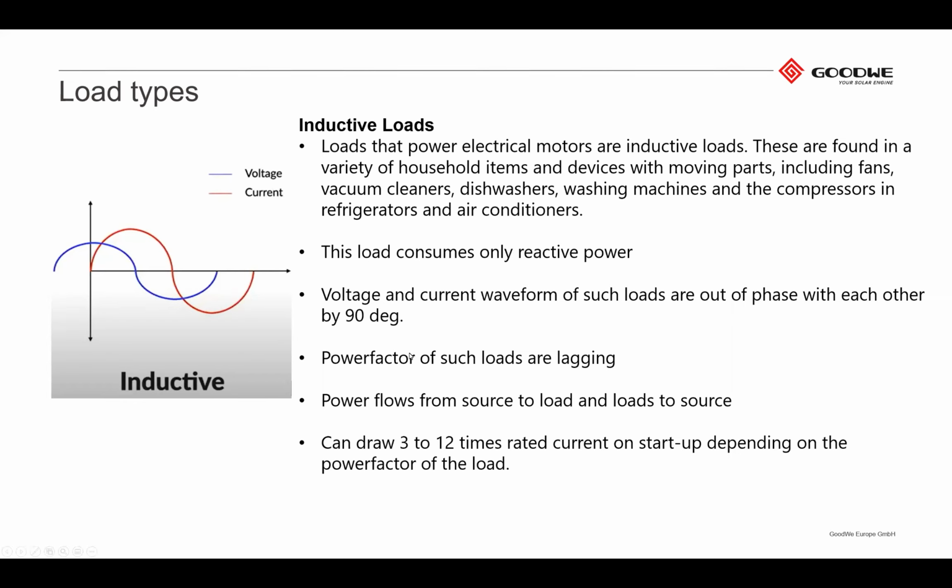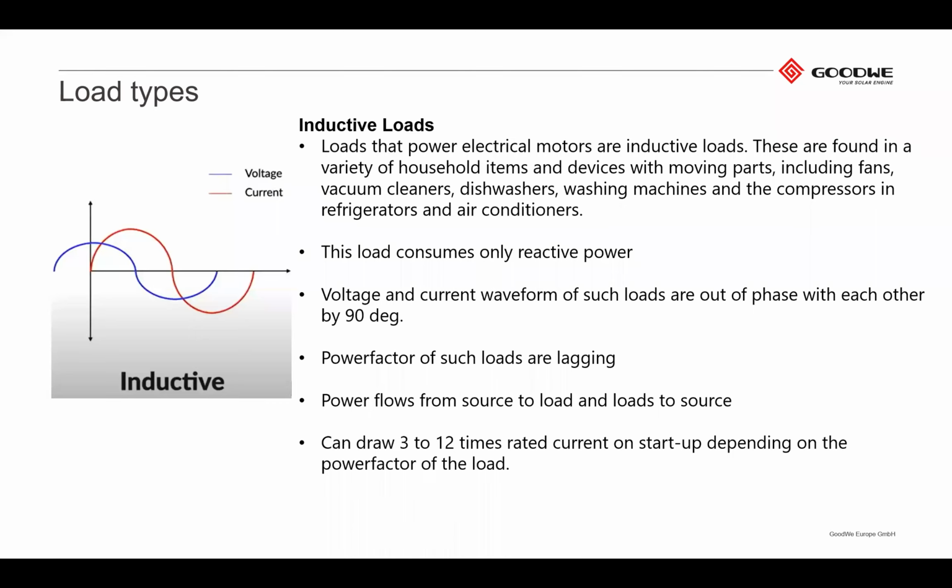So the power factor of these devices is always lagging, and most power factors on our grid are already lagging. When these devices start up, it lags even further and causes a much higher current draw. Also, the power flows from source to load and from load to source.